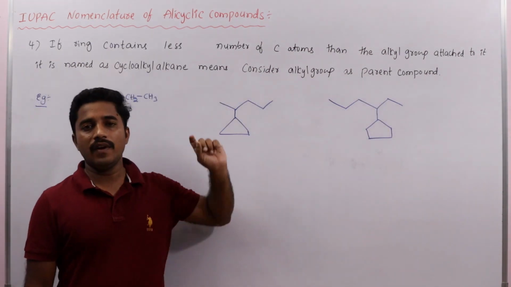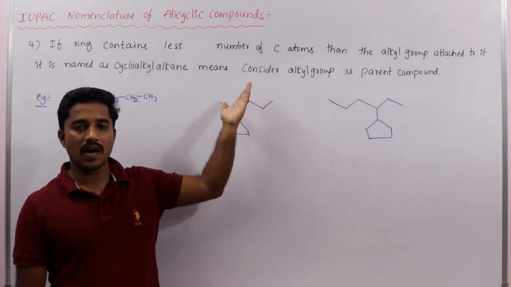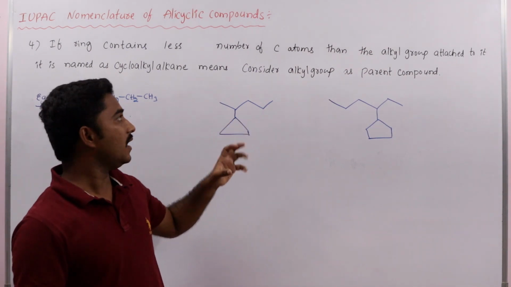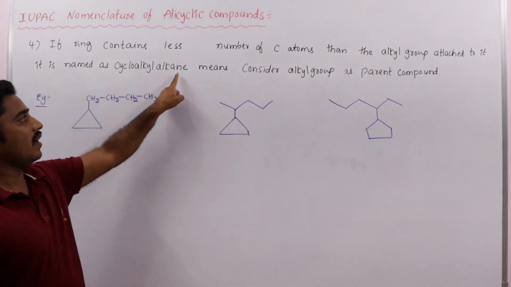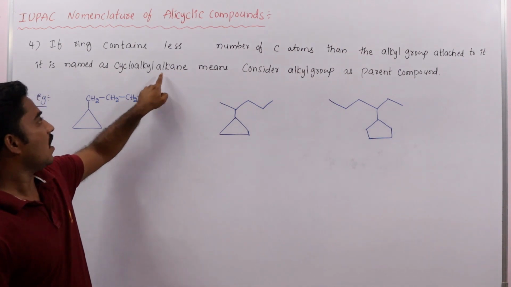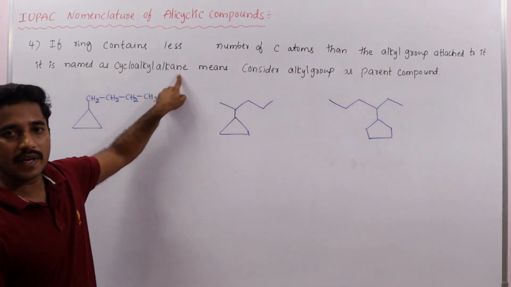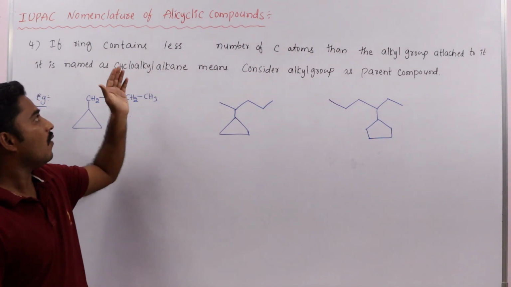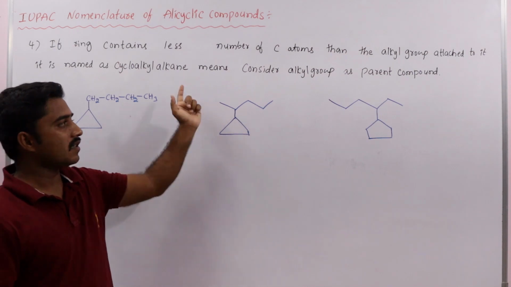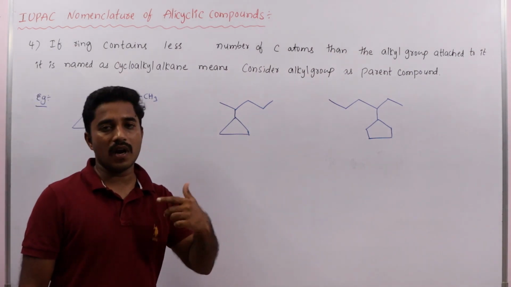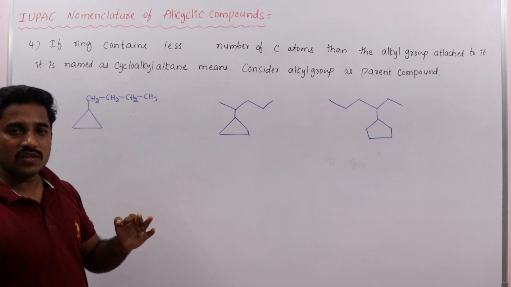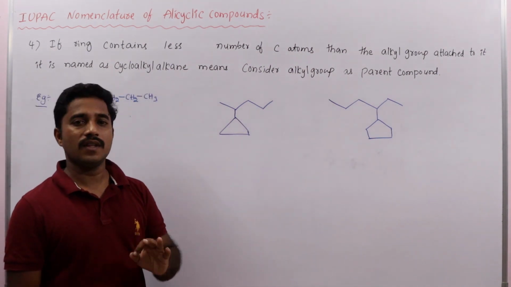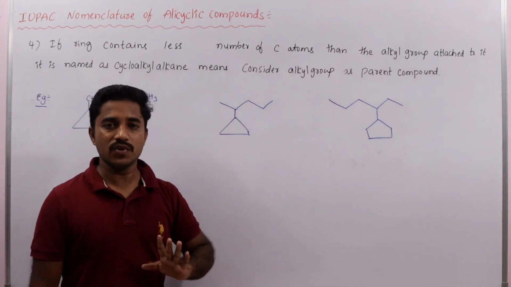Next rule: when the ring contains fewer carbons than the alkyl substituent, it is named as cycloalkyl alkane. So here the alkane is the parent compound and the cycloalkyl is the substituent. So remember, when the ring contains fewer carbons than the alkyl group attached to it, then the side chain or alkyl group is considered the parent compound, and the ring is considered the substituent.